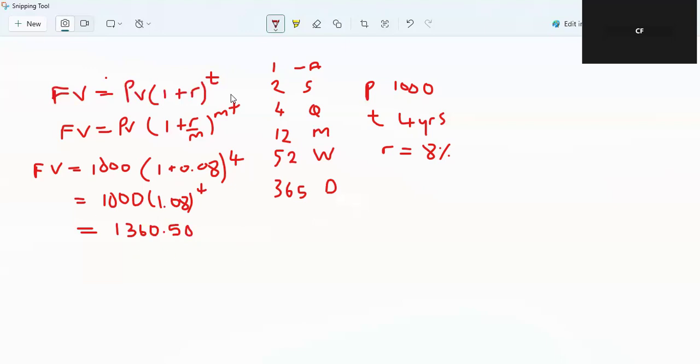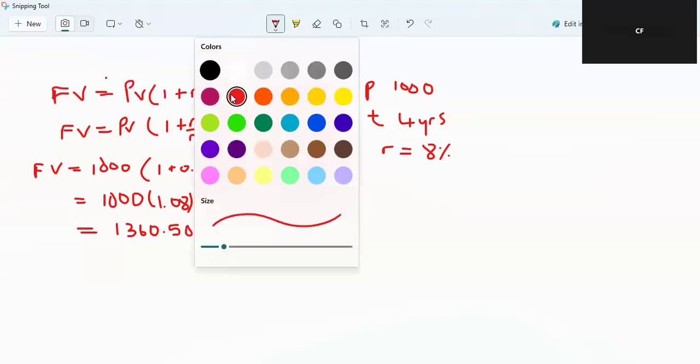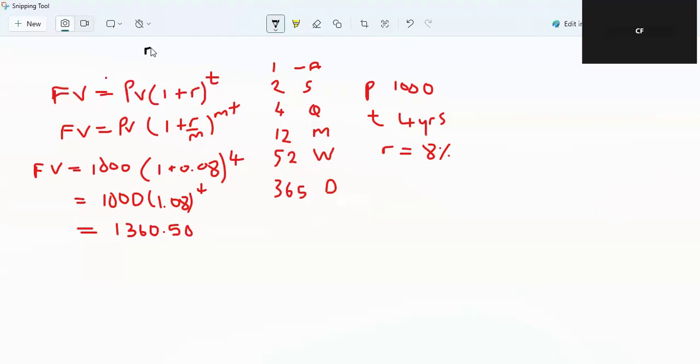All right. How about semi-annually? What do we do? The idea is that the interest rates are divided by the compoundings. The times are multiplied by the compoundings.